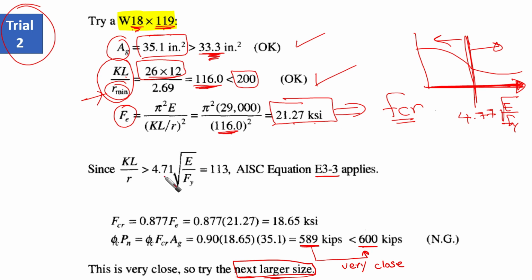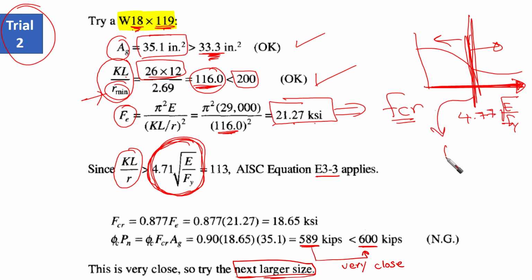Our KL over r is larger, because we already have 116 here. The limit between elastic and inelastic we found to be 113 from the previous calculation in the previous slide. So this means that our equation is still on the right side here, which is elastic buckling.